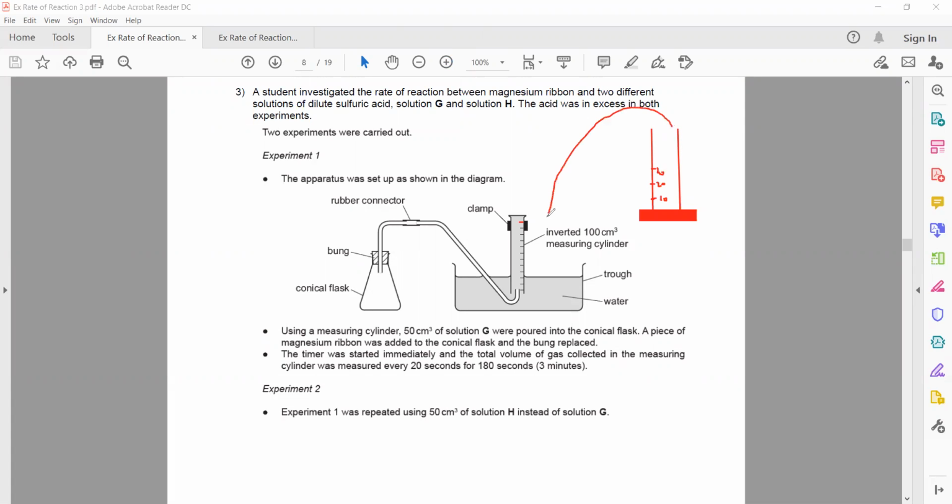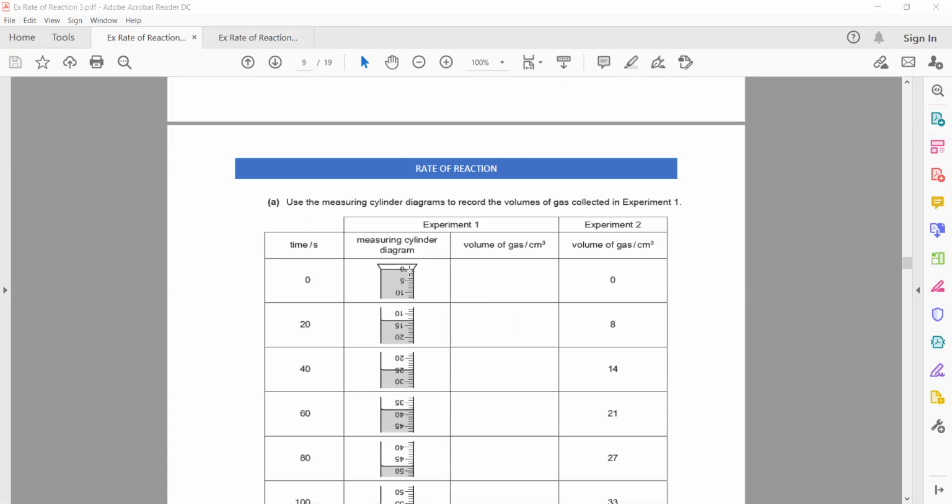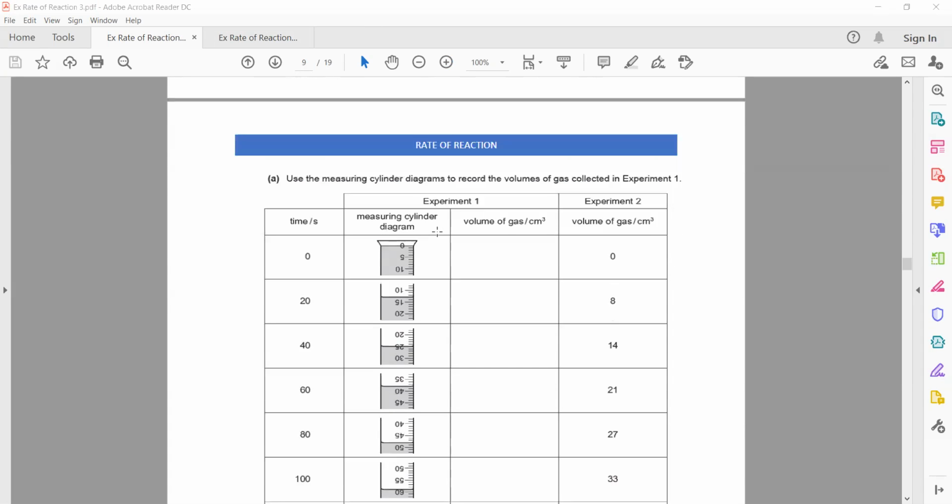But because we inverted it, 10 will be up, then 20, 30, 40 and so on till 100. That's why on the figure you can see that it is 0, 5, 10, because it is an inverted measuring cylinder.